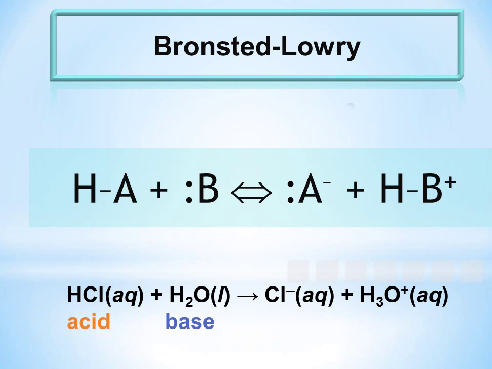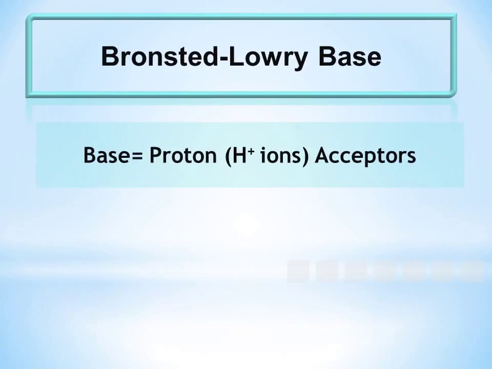It also means that the bases, the proton acceptors, will accept the proton in solution. Now, one of the important things is Bronsted-Lowry bases tend to have a lone pair, and if you remember from your earlier work, a lone pair is really a non-bonded pair of electrons.